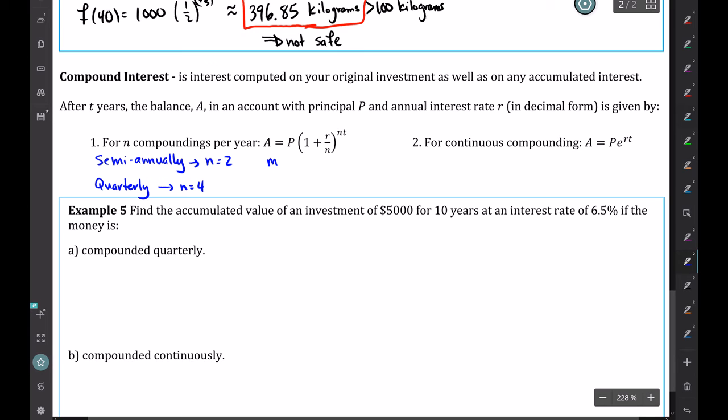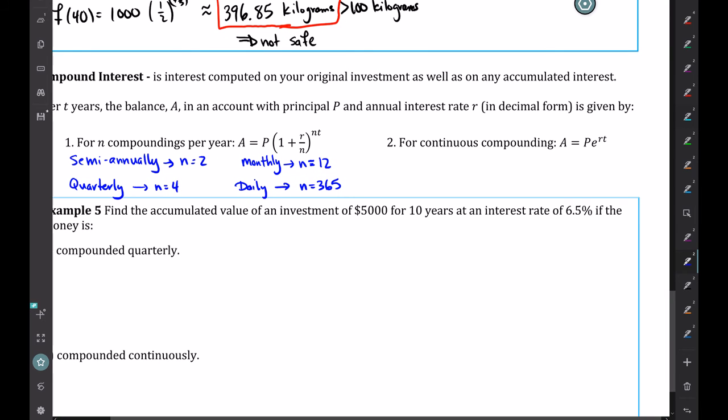If it's monthly, then it's n equals 12. And then daily would be n equals 365, because you're doing it 365 times per year.